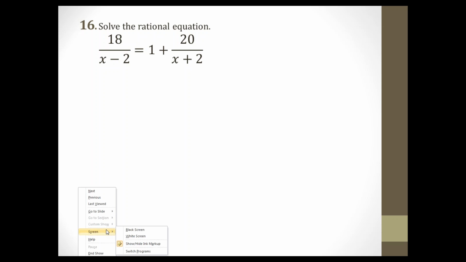Screens. Switch. No. Switch program? Yeah. And then it'll blue store. Hello? Yes, now I hear you. Okay. Great. Yeah, the germs.